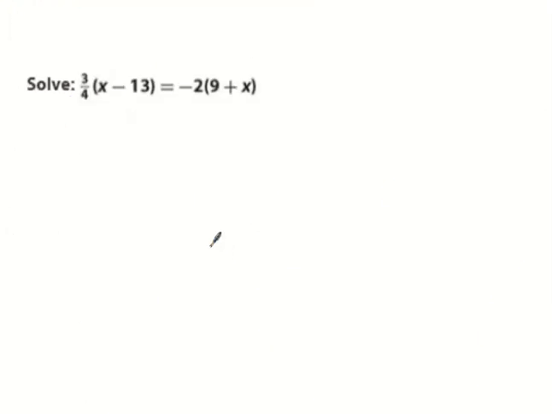So here's one with a fraction. We've actually kind of done one like this on our homework. I want to get rid of this fraction first, okay? So I'm going to multiply everything by 4 over 1. But remember, we're only going to multiply this and this.